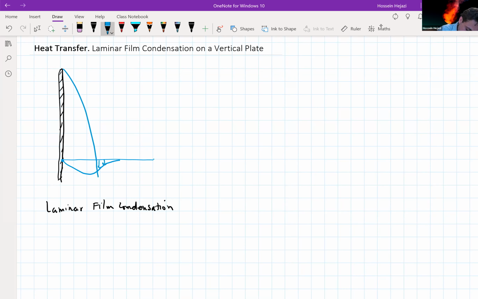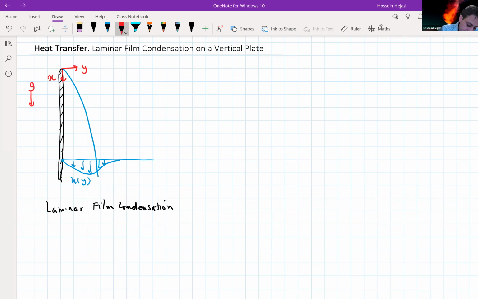So this is going to be the velocity profile. If I specify this one as the X direction, this is Y, and this is the gravity direction, then this is going to be U as a function of Y that we have at any X direction.